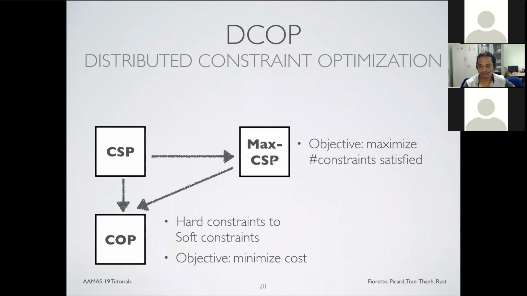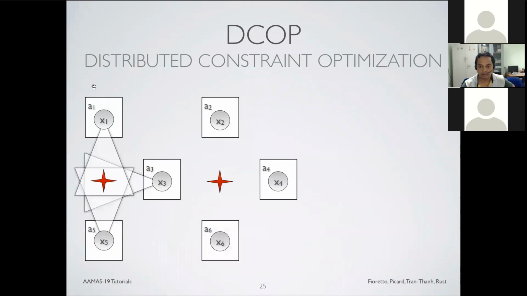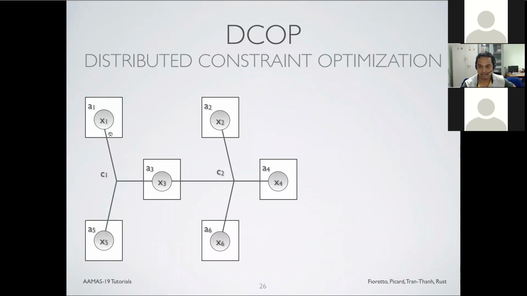Here, agent A1 knows only the color of X1. At most it can know the neighbor's color, not the entire world. So a part of the environment is accessible to A1, a part to A5, and a part to A3.